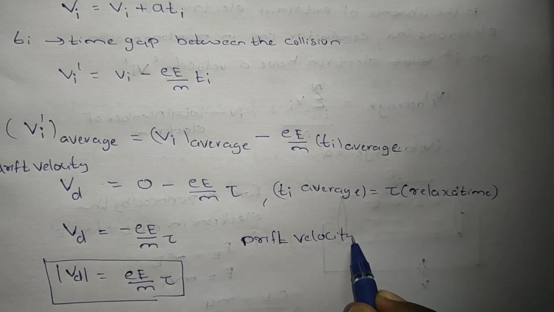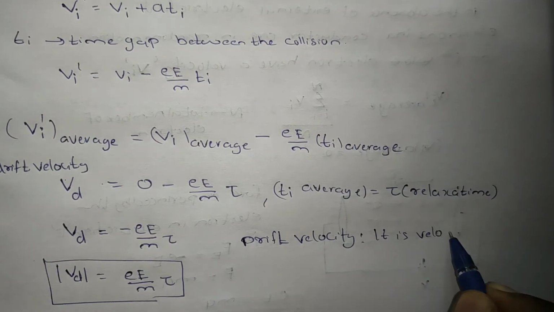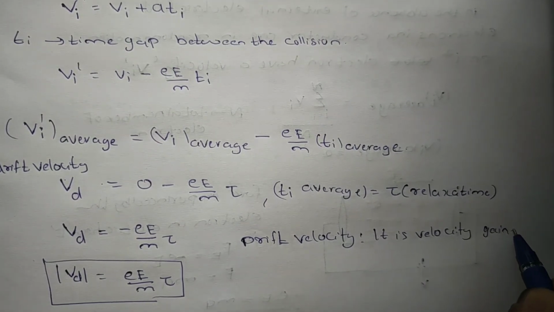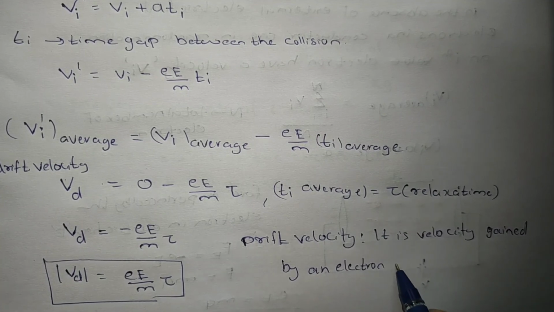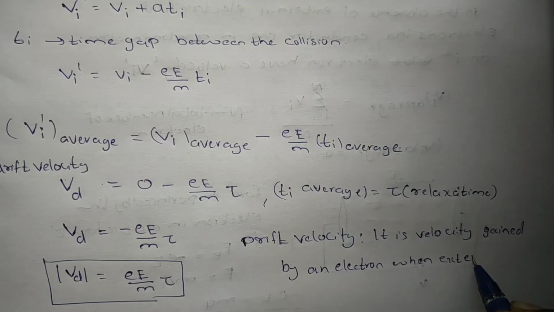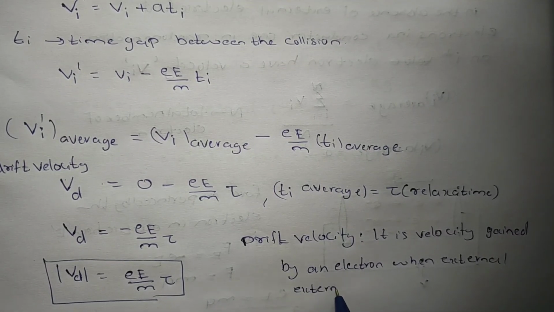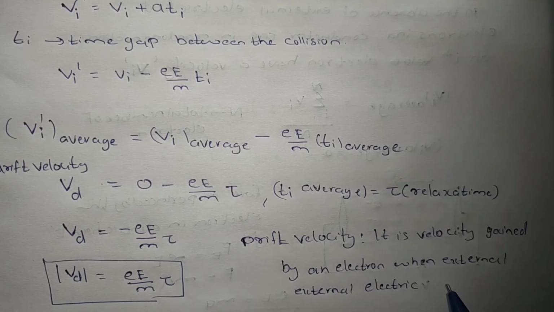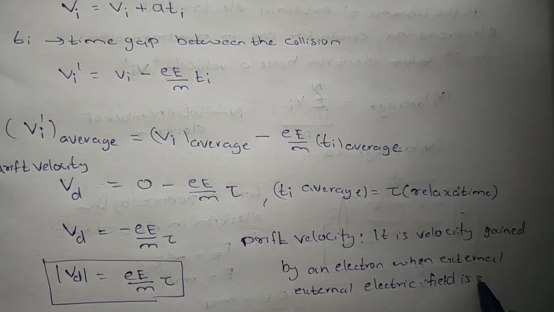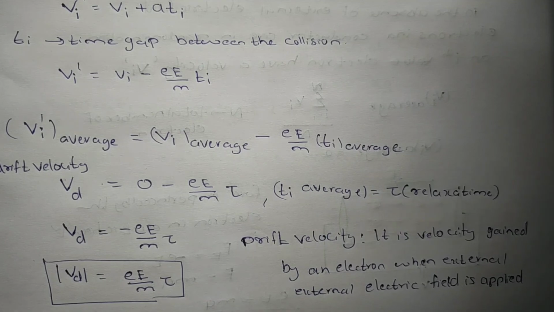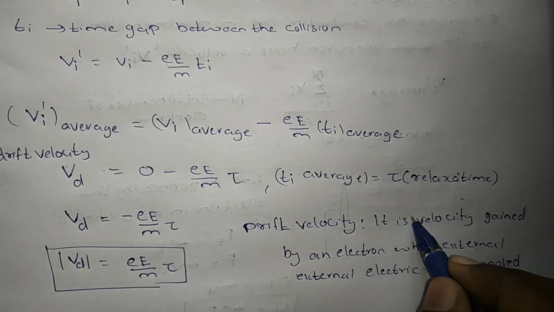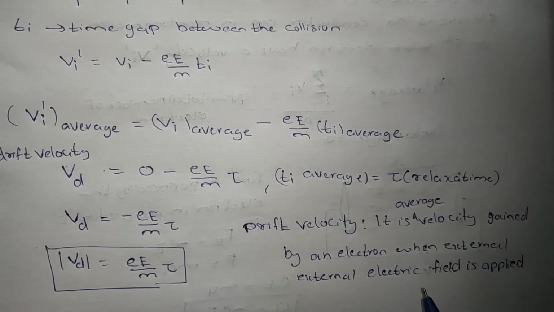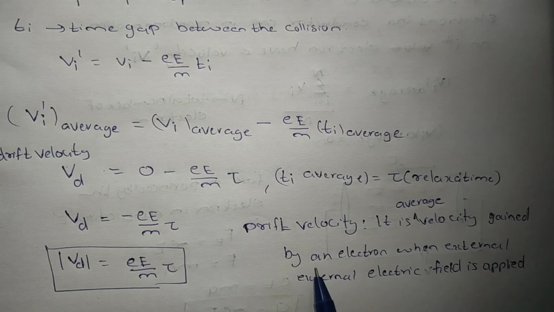Drift velocity is the average velocity gained by an electron when an external electric field is applied.